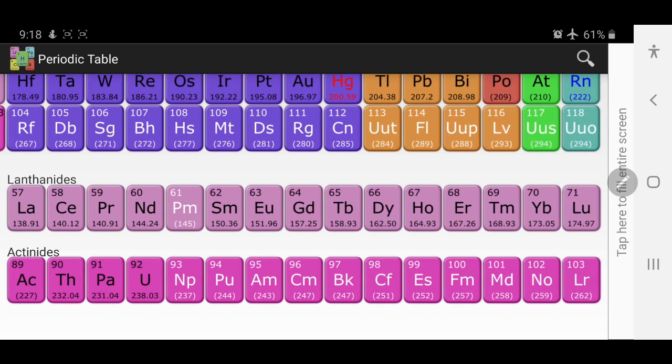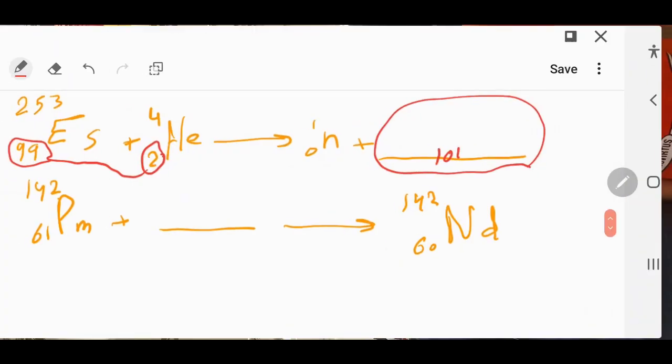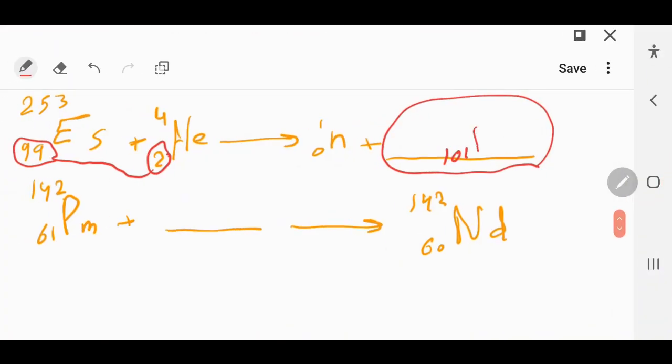As you can see, it is Md, Mendelevium. The atomic mass will be the sum of this side, 257, but here we have 1, so the atomic mass must be 256. This is a Mendelevium isotope.